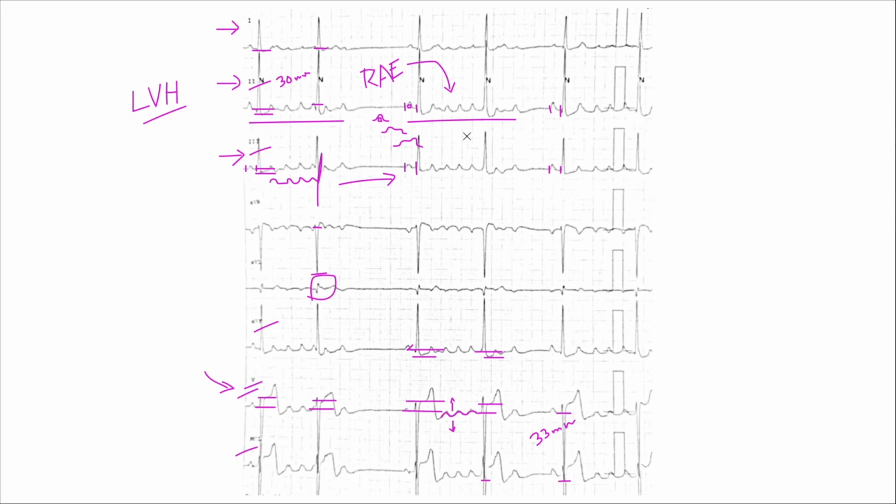So the atrium is going to be irritated, PACs, so on and so forth, right? So now the picture is starting to make a lot more sense. This person might have an enlarged atrium, which is giving this intermittent atrial flutter. This person might have an enlargement in one of the ventricles, most likely LVH.